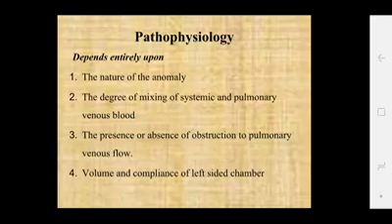Let's pause this. As we gave a brief about the pathophysiology before, in total anomalous pulmonary venous return, there is left to right, then right to left shunting.